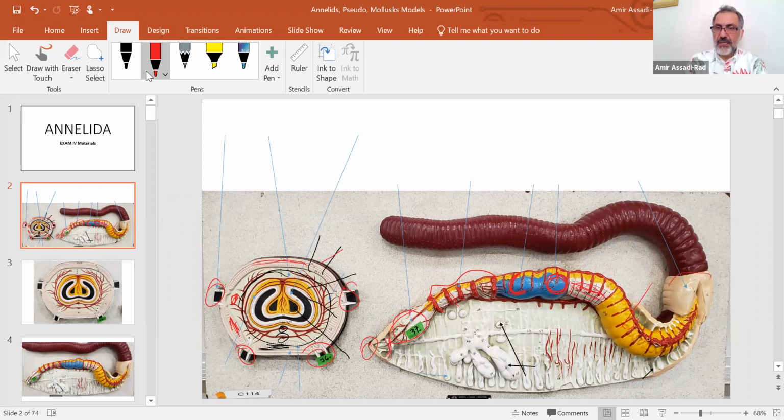And then this area is clitellum, which becomes cocoon when reproduction occurs. The big ones are seminal vesicles. The small ones are seminal receptacles. And each one of these is a kidney. And then these little lines here, that would be septum.